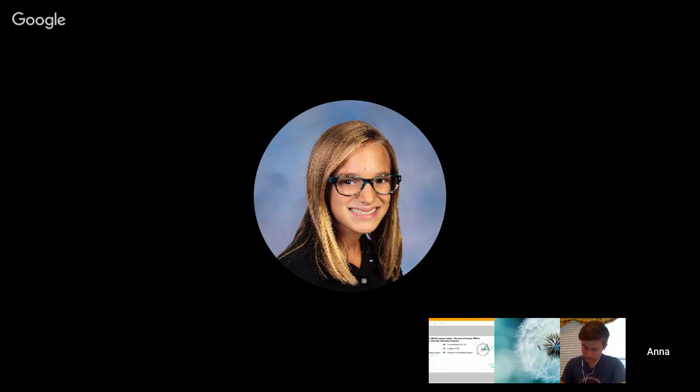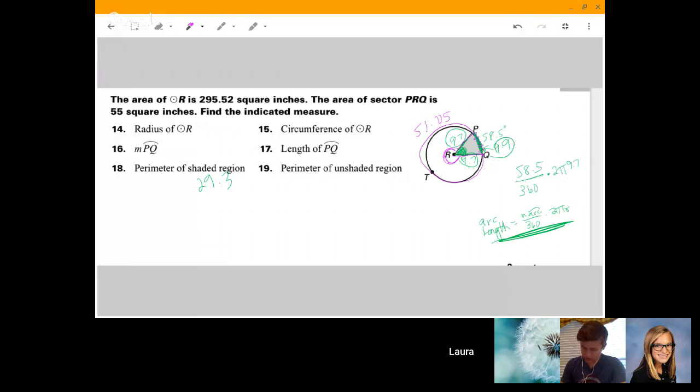Yes. Okay, so that's that, and then we have to add in the 2 radii because that's the other edges of it. When you do perimeter, you do all the edges. So basically, we're looking at a piece that's like this. The round part of it is the 51.05, and then these straight parts are each 9.7.